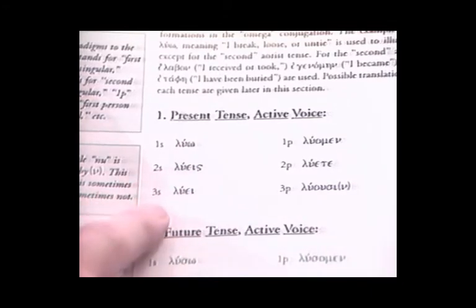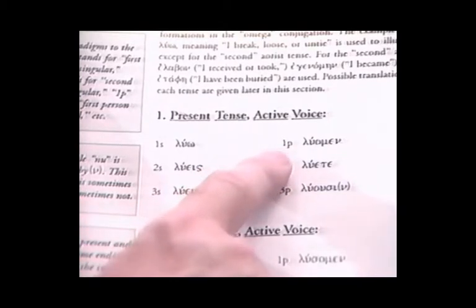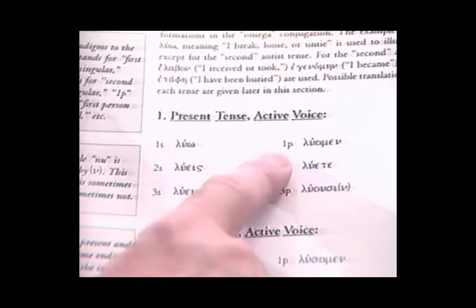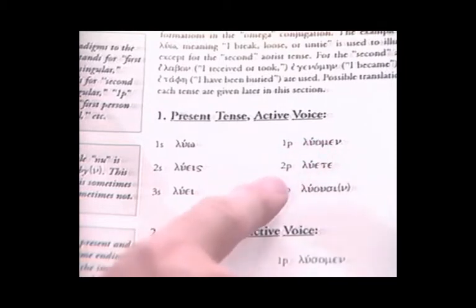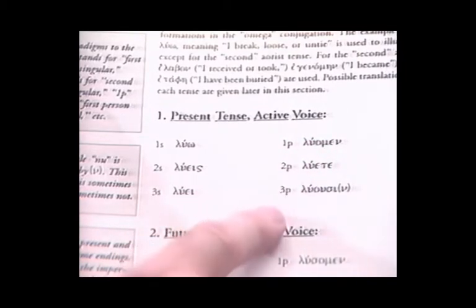The third singular of the present tense active voice indicative mood is the verb luei. The first plural of the present tense, active voice, indicative mood, is the verb luomen. The second plural is luete, and the third plural is luousin.